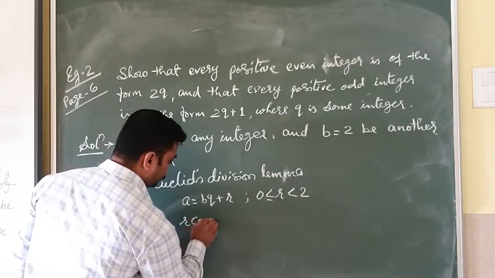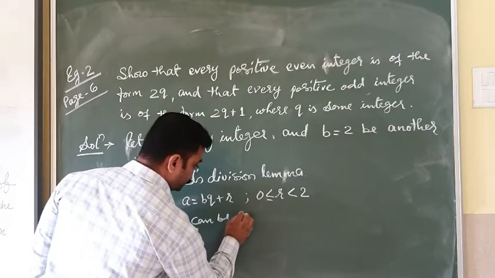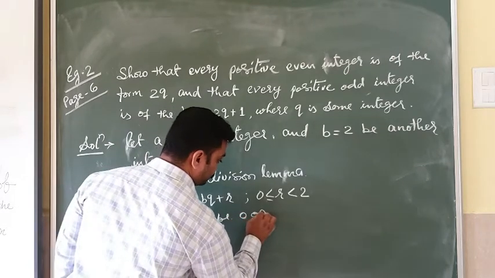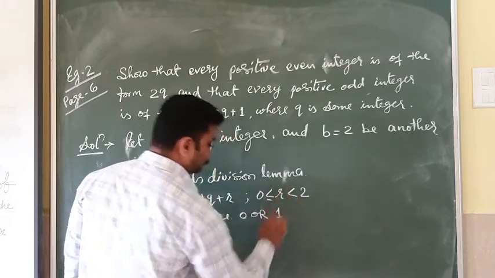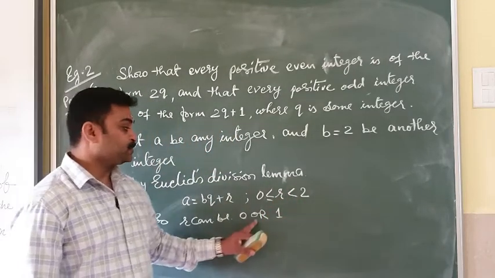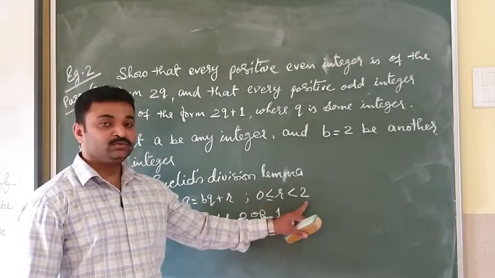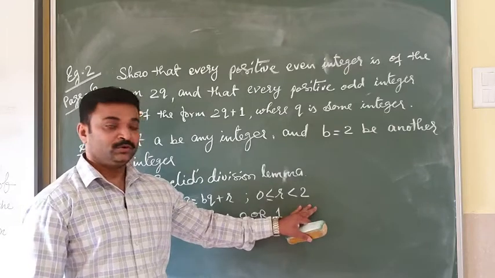So r can be 0 or 1, because it is less than 2. So we will not take 2.